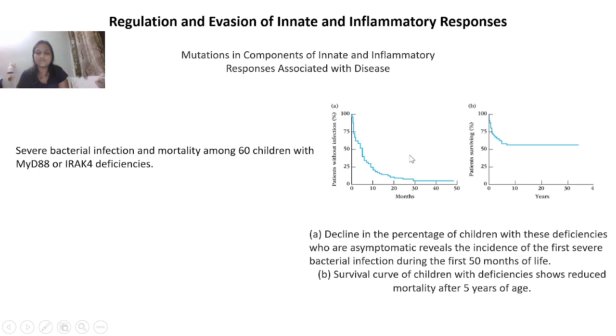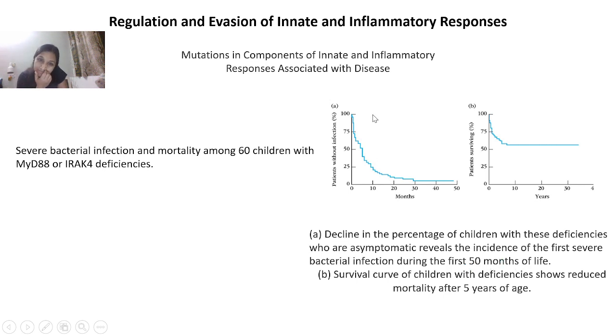This is mostly, I think, data from the US. Here in A you can see there is a decrease in the percentage of children with these deficiencies who are asymptomatic, which reveals the incidence of the first severe bacterial infection during the first 50 months of life.